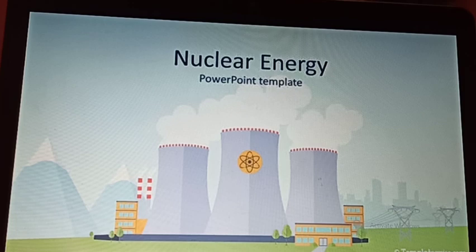In a chemical reaction, the mass of the reactant and the mass of the product are the same. But in a nuclear reaction, the mass of the reactant and the mass of the product are not the same.